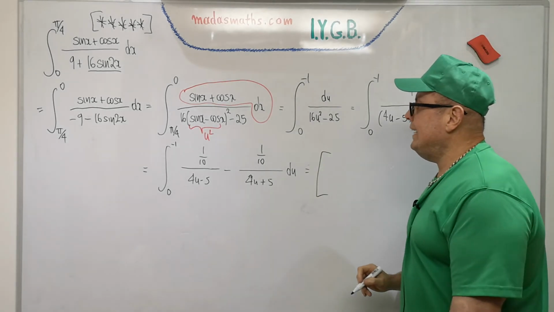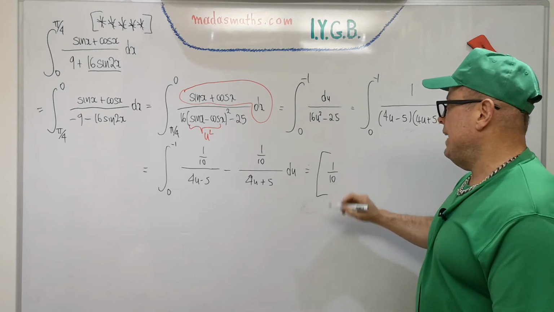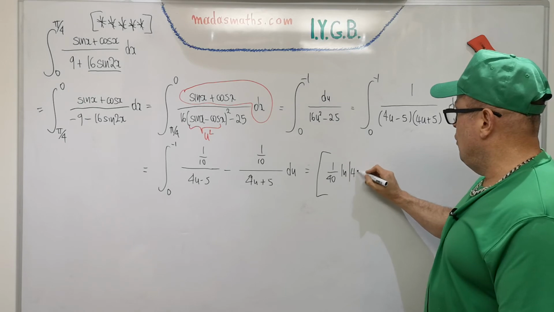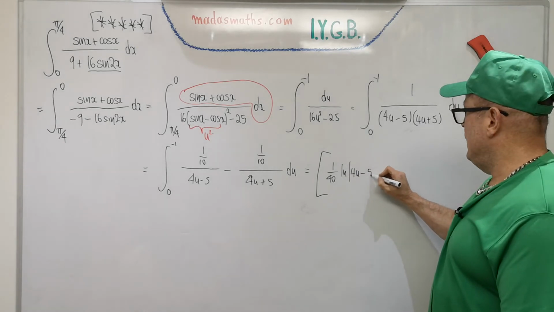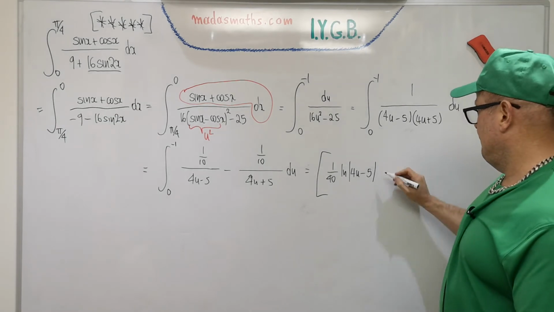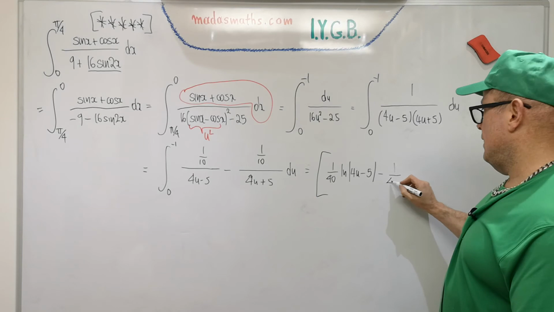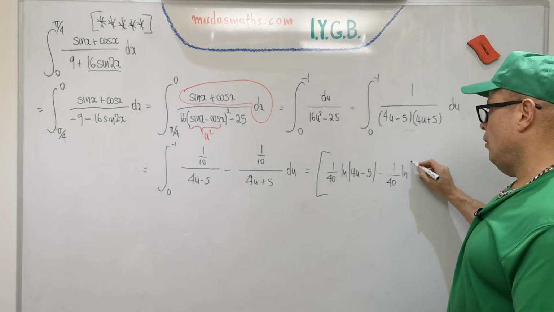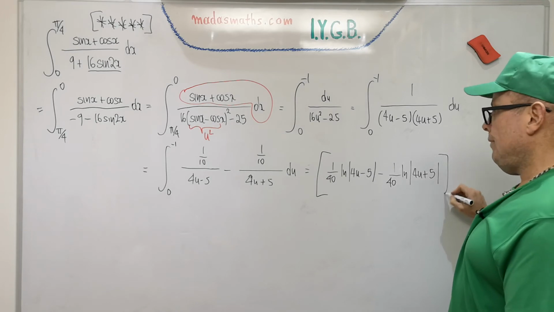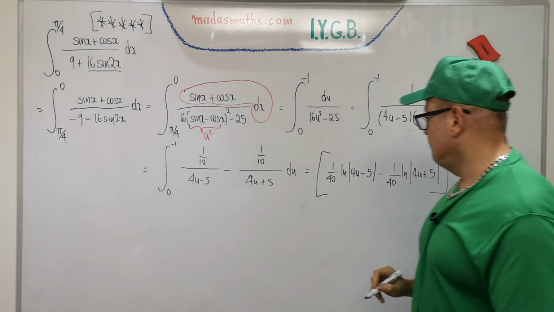So I've got 1/10, make it 1/40th, log of 4u minus 5, and then we're having minus 1/40th again, the log of 4u plus 5 between 0 and minus 1.